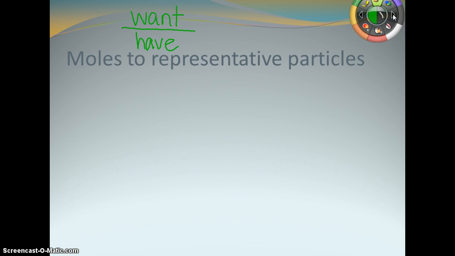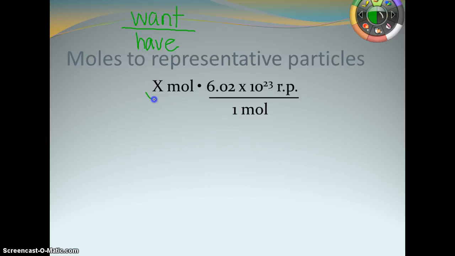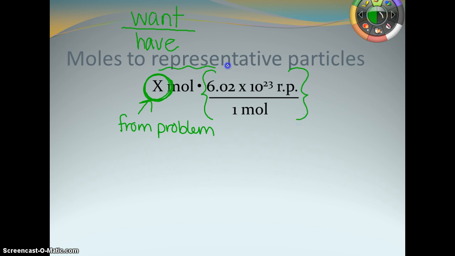And since you already have moles, moles will go in the denominator. So this is going to be however many moles that you have been given, which comes from the problem. And then this is your conversion factor. Since we are trying to get rid of this mole unit, moles has to go in the denominator so that they can cancel out.